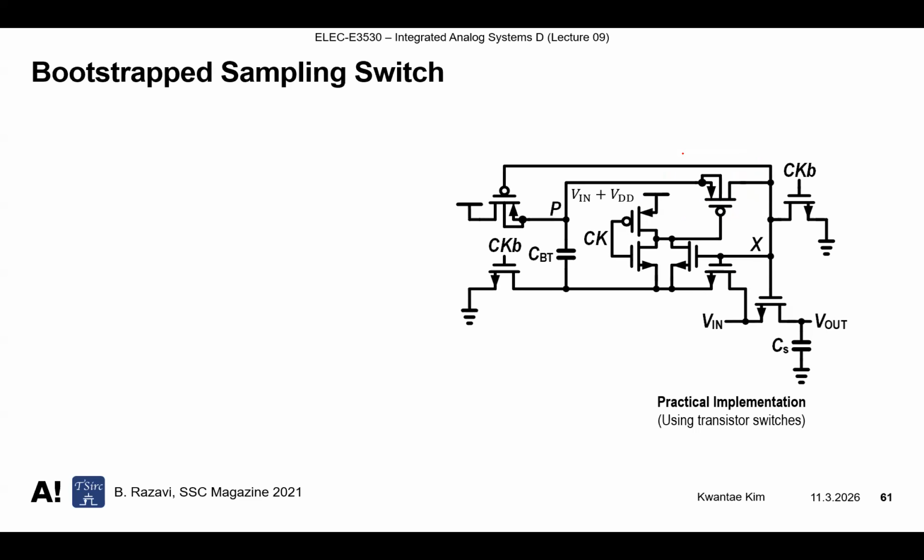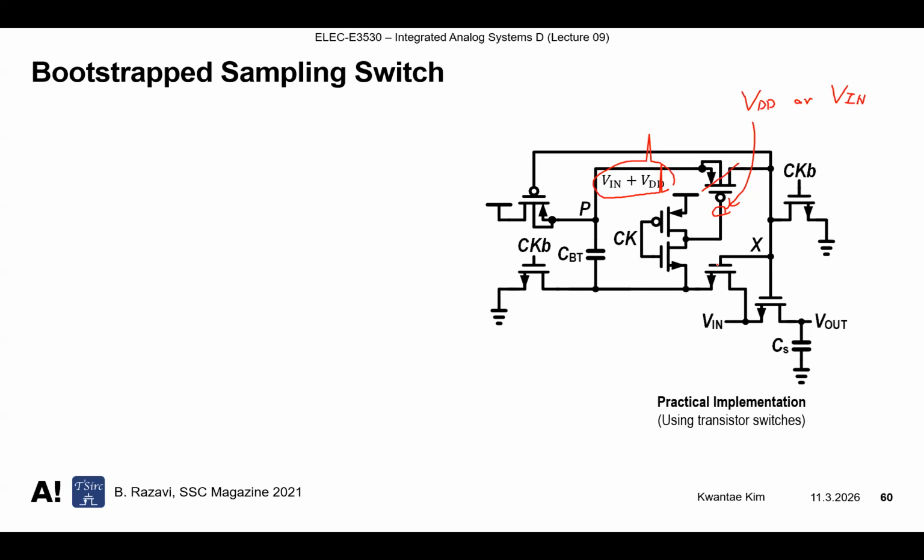This is necessary because in this case, we put some kind of inverter here. If we drive using the clock signal, such that, let's say, we drive the clock as VDD, then this is connected to V-in.